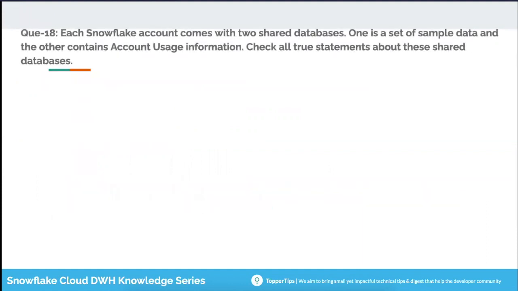Each Snowflake account comes with two shared databases. One is a set of sample data and the other contains account usage information. Check all true statements about these shared databases.